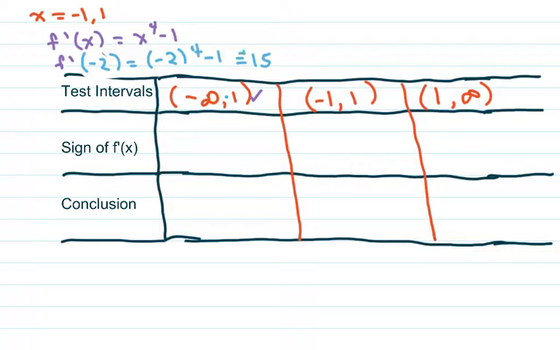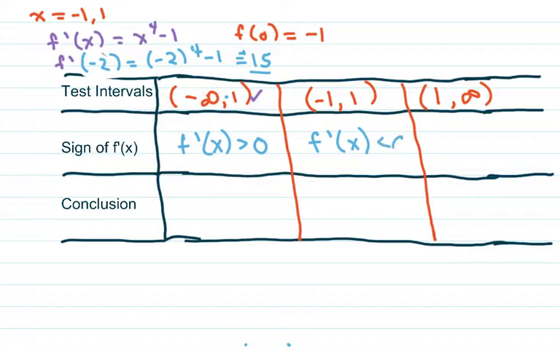And this is a positive number, so my derivative of f is positive. Now if I plug in 0, like I did before, that's going to equal negative 1, and that's going to be decreasing, or the sign is negative.